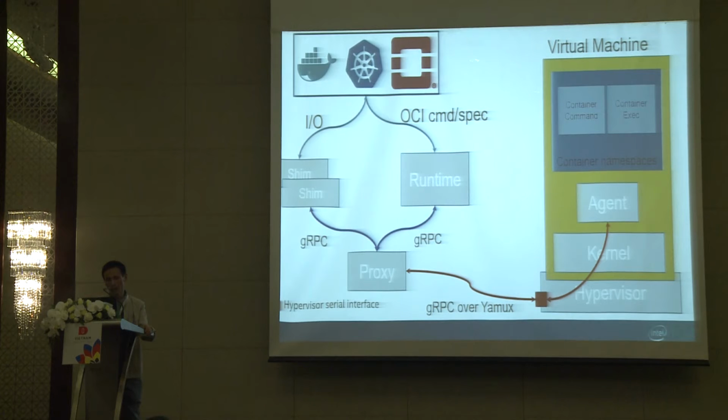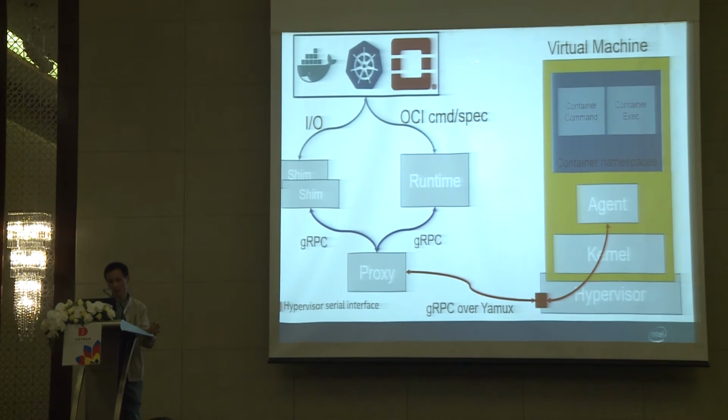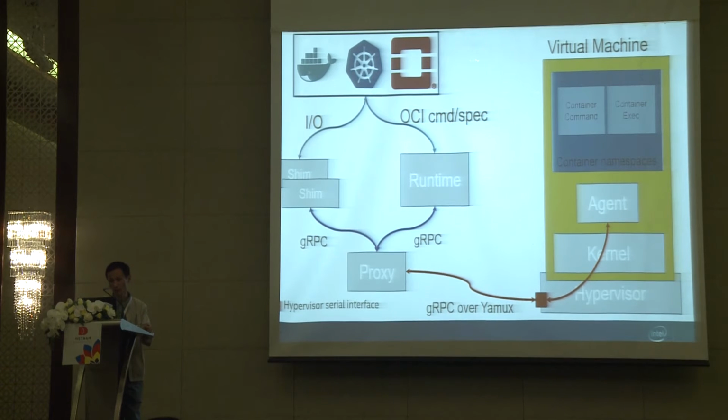Now this is the architecture of Kata Containers. The project mainly has six components. From the left side, we have the shim and the runtime. For example, if the container engine, like Docker or Kubernetes, issues a command like create a Kata container, the command will be received by the Kata runtime.